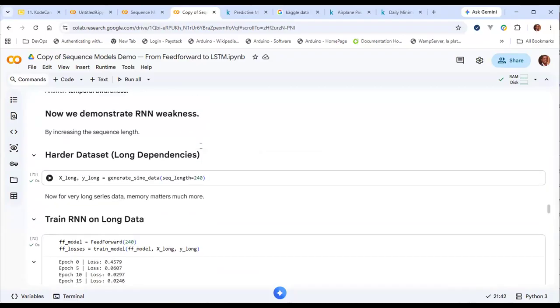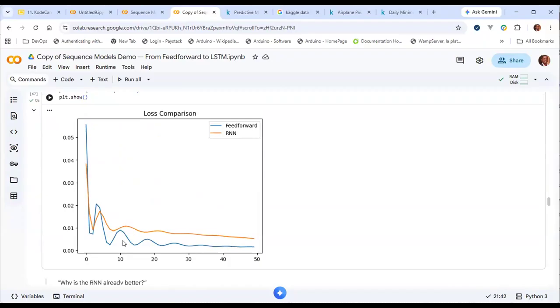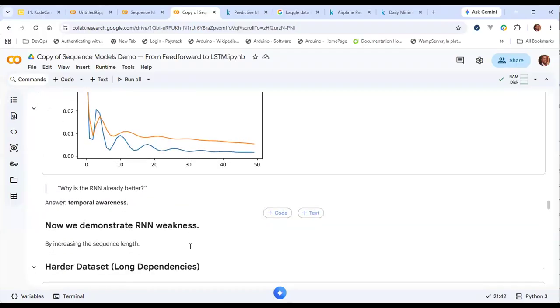You could see that with the shorter sequence length of 50, feed forward was even better than RNN, mainly because the feed forward is less complex. It has fewer parameters, so it learns faster, and its loss will be lower. But the RNN has more parameters, so you need more time to train all of them to become as good.